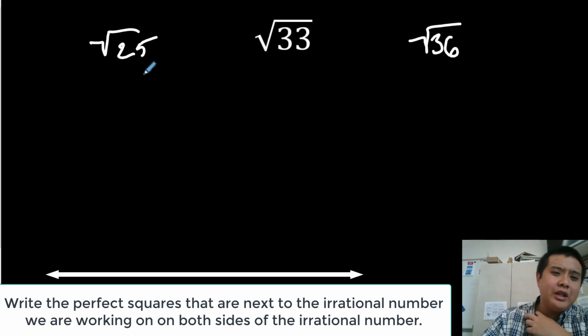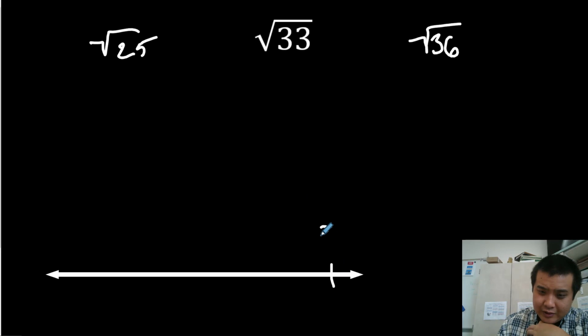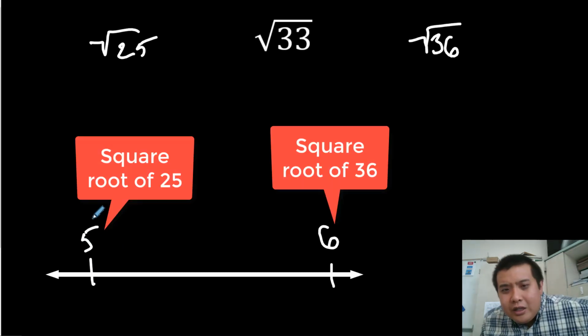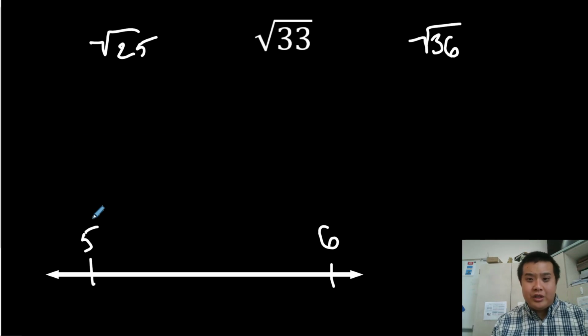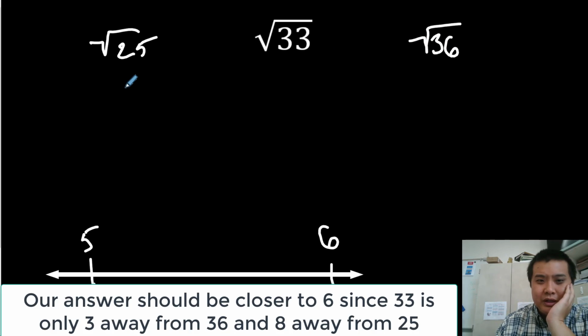And notice how it's going to be probably a little bit closer to the square root of 36. The square root of 36 is 6, so right there I'm going to write 6. And the square root of 25 is 5, so I'm going to write 5 right here. And it's going to be closer to 6 because 33 is only 3 away from 36, while it is 8 away from 25.